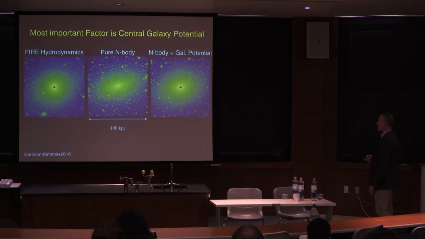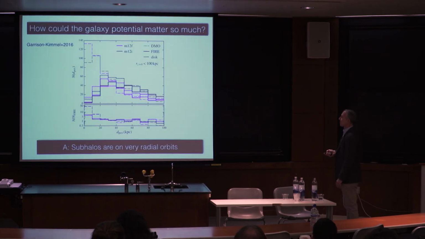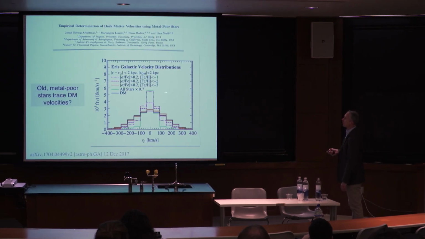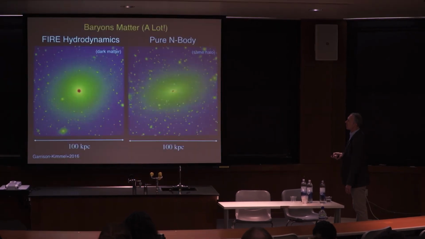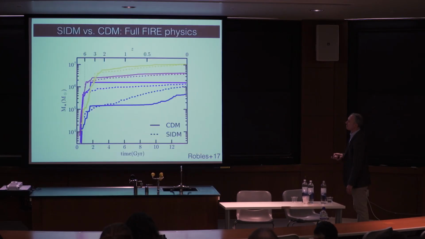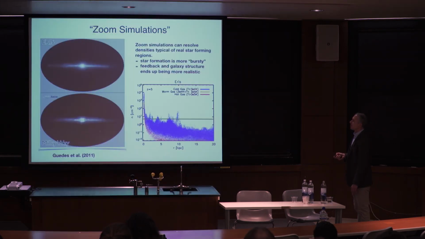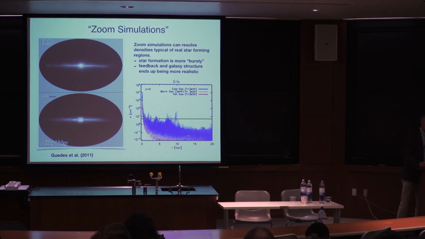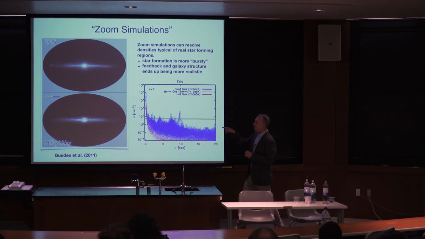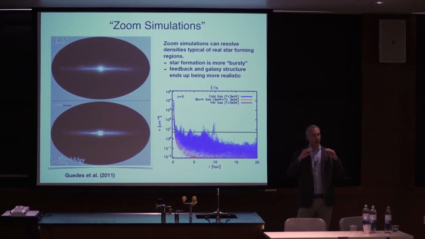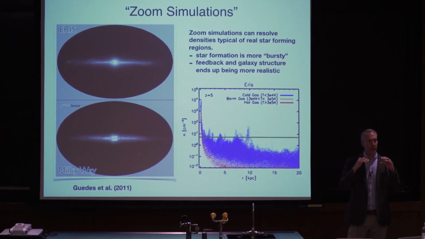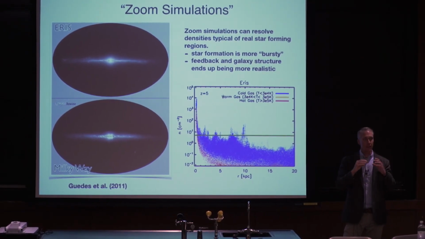In the Eris simulation, I'll just show you the picture, just because I can. They actually find some co-rotation between a subcomponent of the dark matter and the disk, so that there is a small amount of dark matter that's actually co-rotating with the disk.